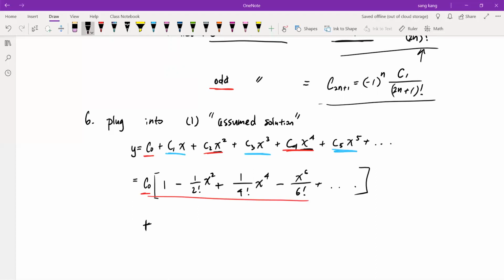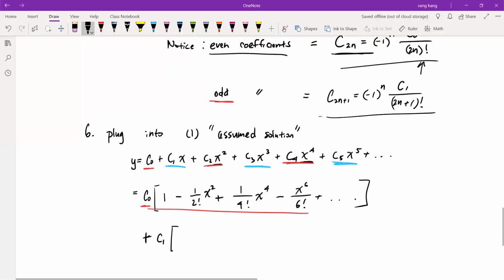So everything will be in terms of C1, right? So the first term will be C1. If we plug in 0 here into this equation, we'll have 1 times C1 over 1 factorial. So it's just C1, but we also have to multiply by this x.